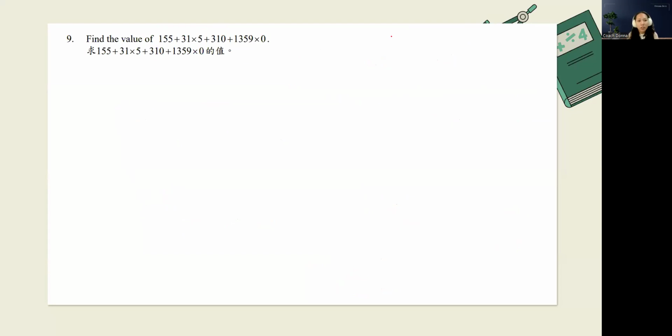So we don't need to write that anymore. Any number multiplied by 0 is 0. So set that aside. Do not bother with that anymore. 31 times 5 plus 310. This is now our expression.